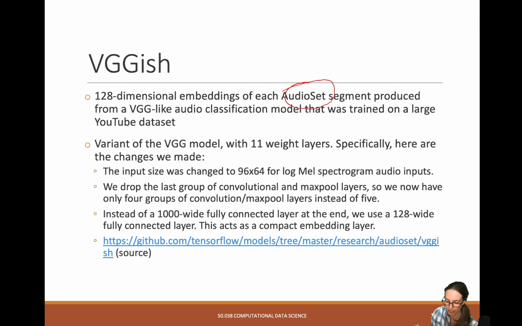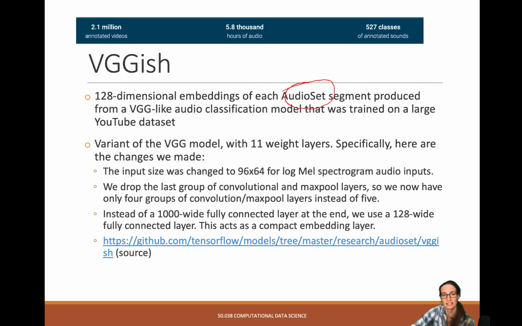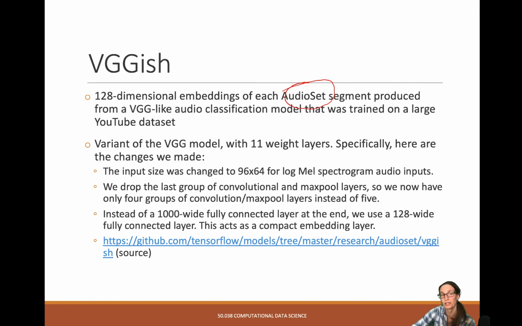AudioSet is a huge dataset released by Google, which has about 1 million samples of 1,000 different classes or something. I forget the exact number, I'm sorry. Maybe I can display it for you here. And the VGG-ish model basically provides a 128-dimensional embedding for audio based on a model pre-trained on the AudioSet dataset.